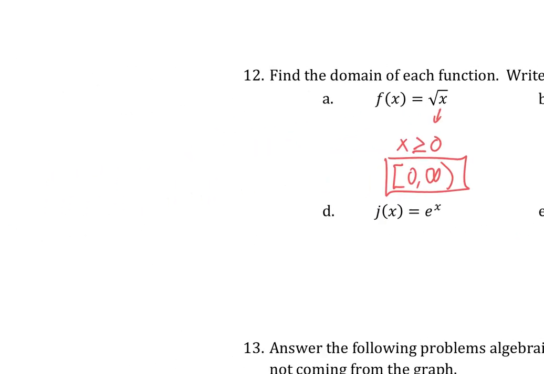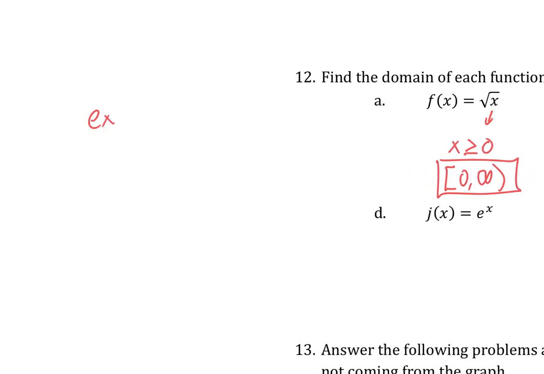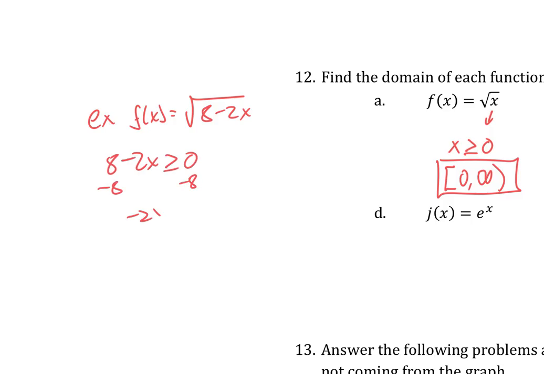One more little example. If we have f of x equals the square root of, let's say, 8 minus 2x. Well, 8 minus 2x must be greater than or equal to 0. If we subtract 8 from both sides, negative 2x is greater than or equal to negative 8. And we divide by negative 2.